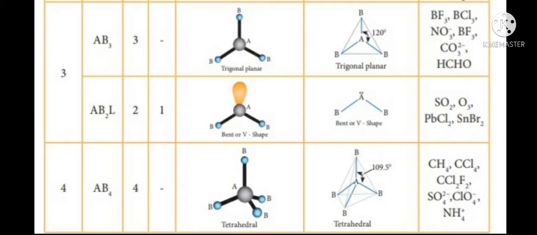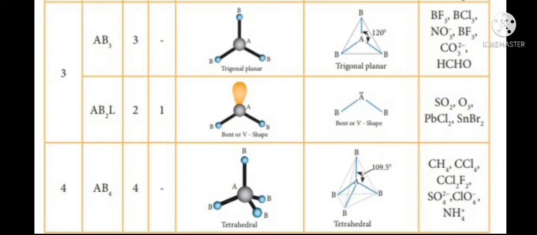Again, let me discuss number of electron pairs equal to 3. The molecule with the formula AB2L contains 2 bond pair electrons and 1 lone pair electron.